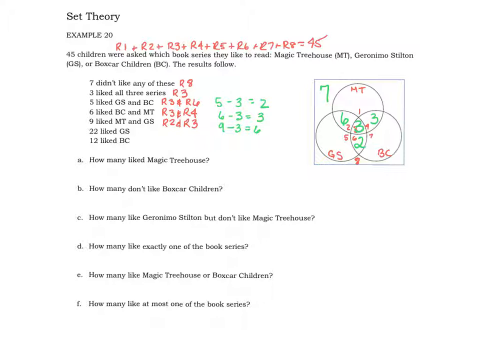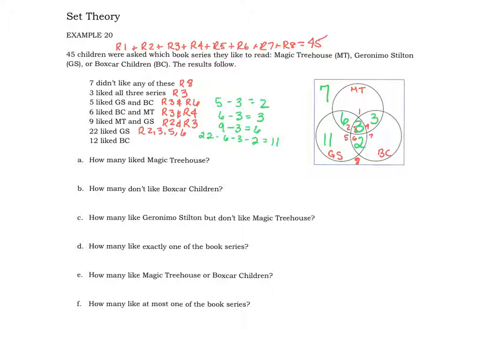Alright, so they told us that 22 like Geronimo Stilton, so that's regions 2, 3, 5, and 6. Well, if you look at that, I have all but one of those regions. I don't have region 5. I'm ready to find out what that cardinality is. So it's 22 minus 6 minus 3 minus 2, and that will give us 11. So the cardinality of region 5 is 11.